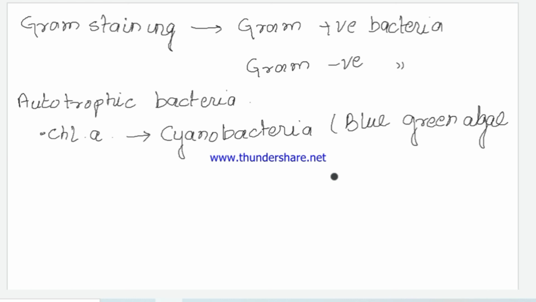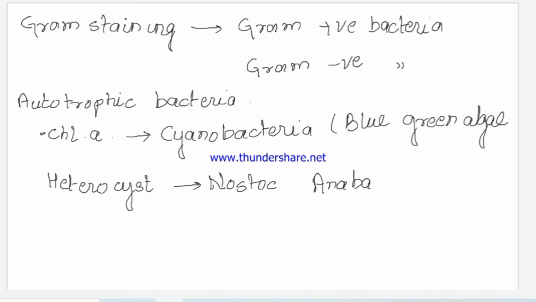Some of the organisms also fix atmospheric nitrogen in specialized cells called heterocysts. So heterocysts are the specialized cells which can fix atmospheric nitrogen, like Nostoc and Anabaena.